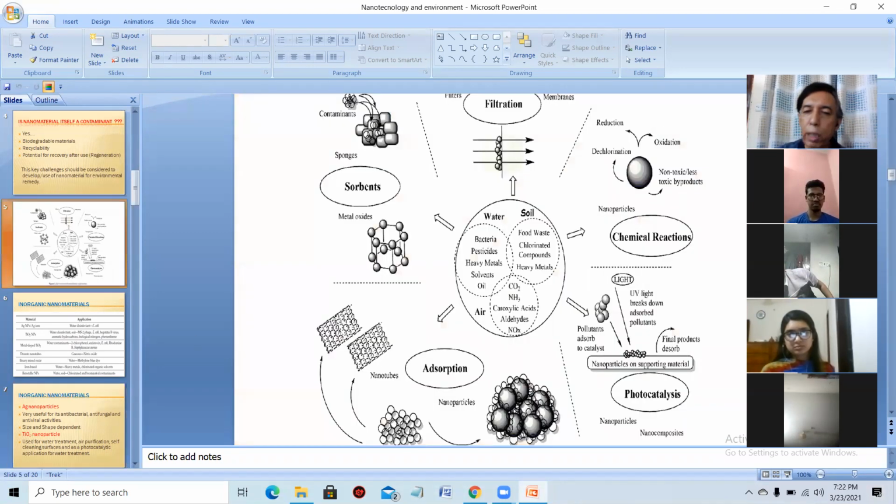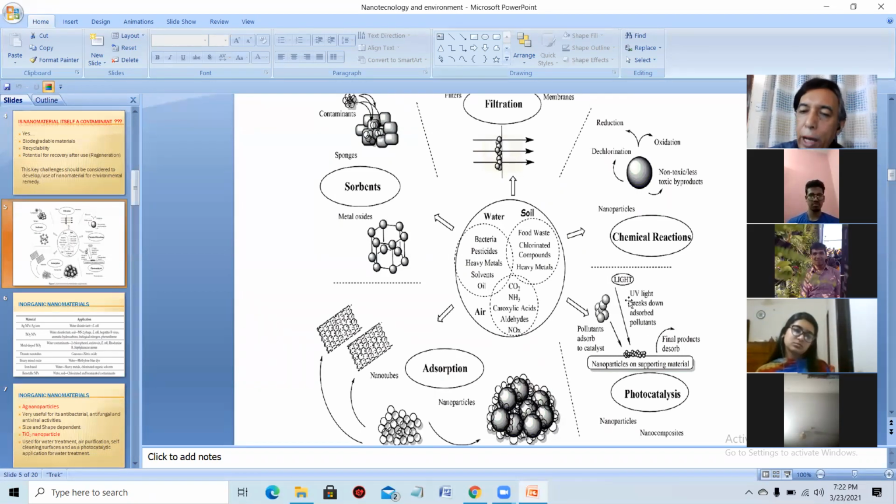You see here, this is a supporting material, above which a titanium oxide nanoparticle is placed. The pollutants or contaminants are absorbed by the titanium oxide nanoparticle.